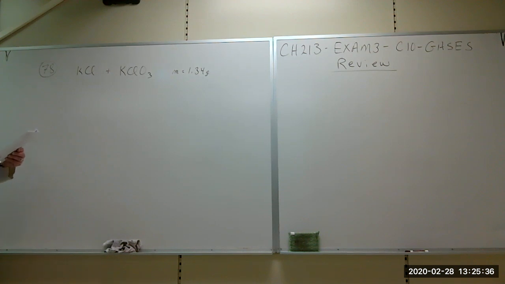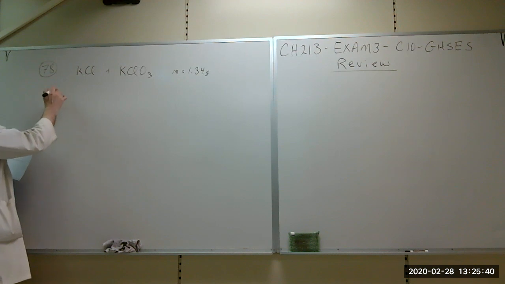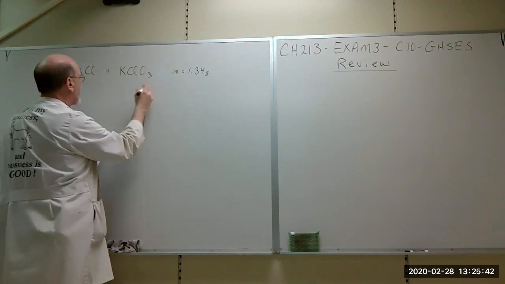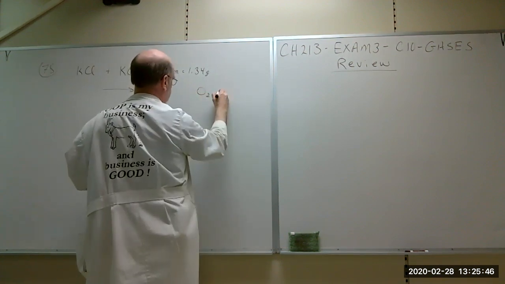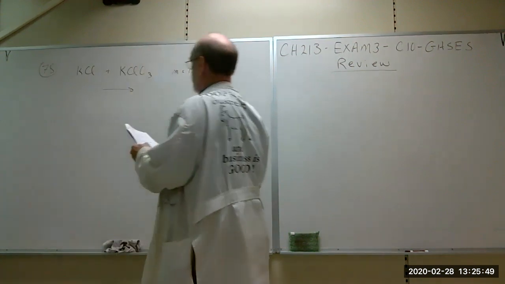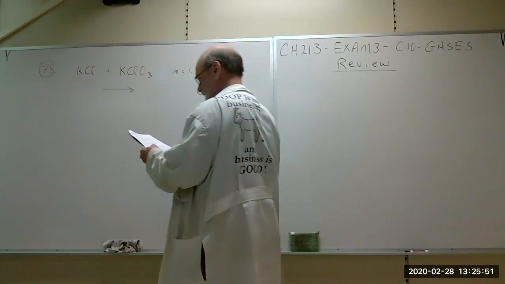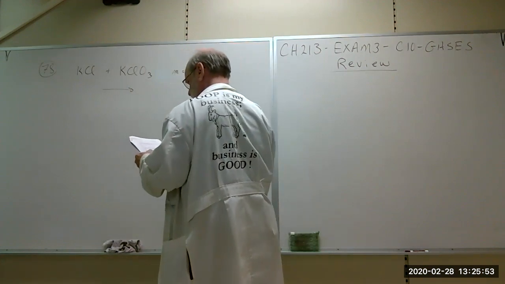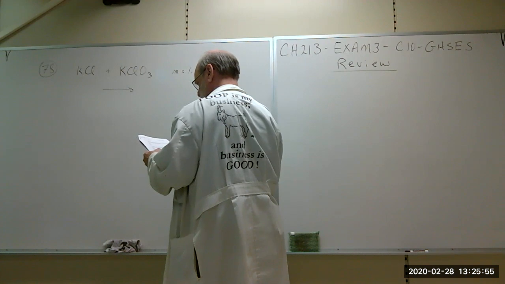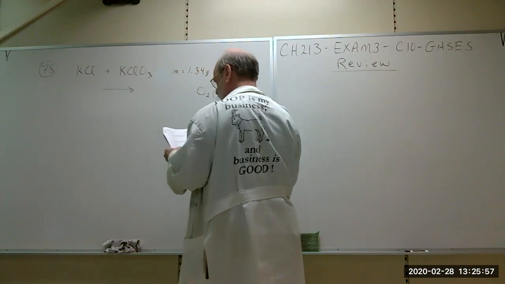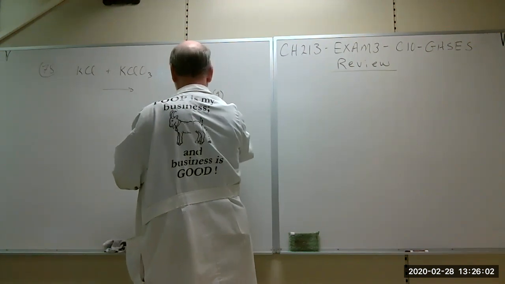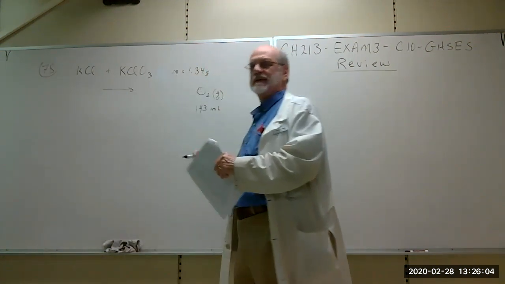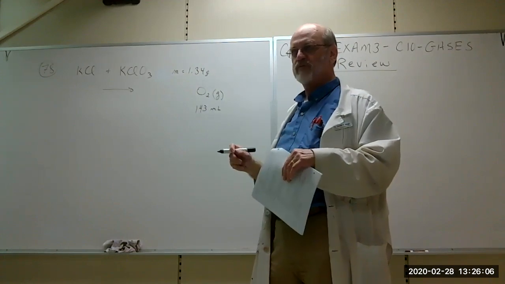The dry oxygen generated from this reaction, so one of the products of this is oxygen gas. And it occupies 143 milliliters at STP, standard temperature and pressure.